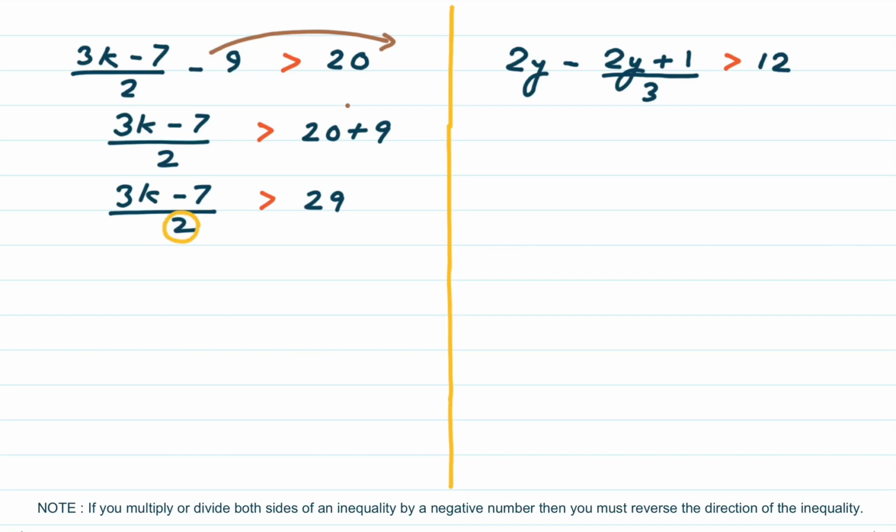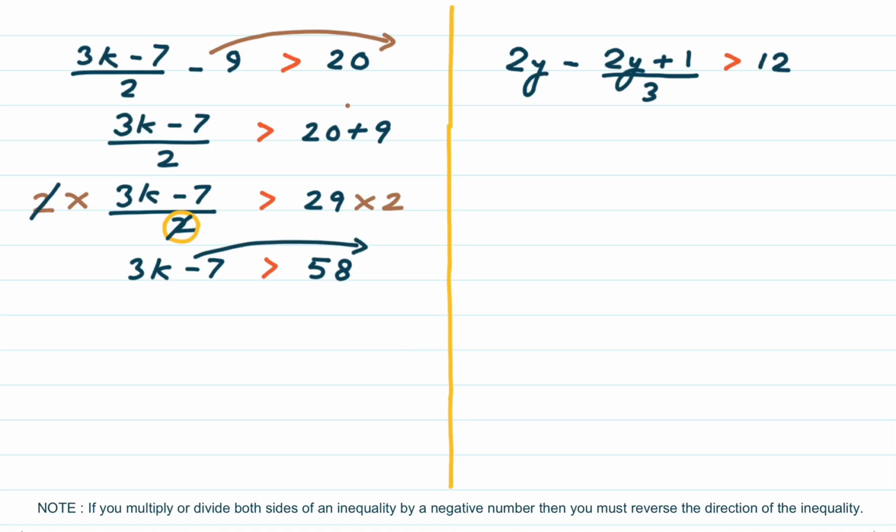2 in the denominator, so we multiply each side with the number 2, and so 3k minus 7 is greater than 58.